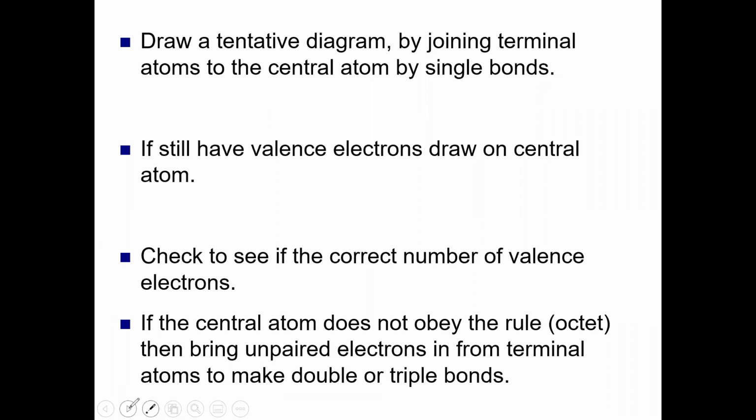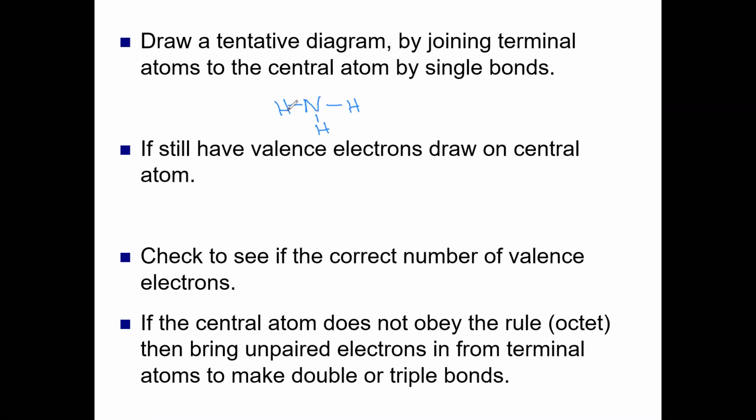So that's where we left off, where we drew a tentative diagram by joining the terminal atoms to the central atom by single bonds. So that's where we have our central atom is nitrogen, and we have single bonds to our terminal atoms. A single bond to a hydrogen here, a single bond to a hydrogen here, and a single bond to a hydrogen here.